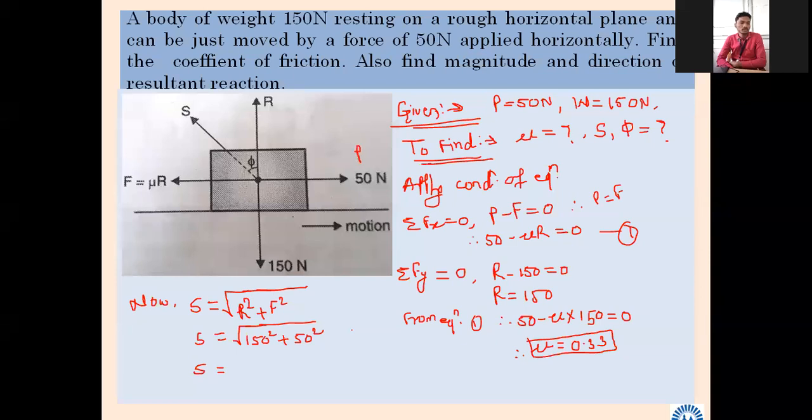So it is 158.11 Newton. Okay, what are we supposed to find still?